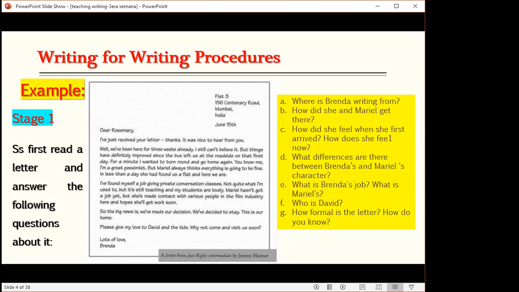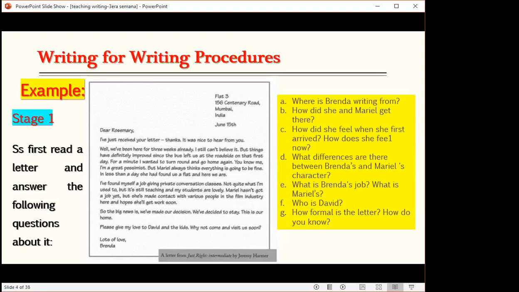How formal, notice, now you're analyzing here the register. How formal is the letter? How do you know? Notice you're making your students analyze the register, analyze the information contained or exposed in this kind of written text.